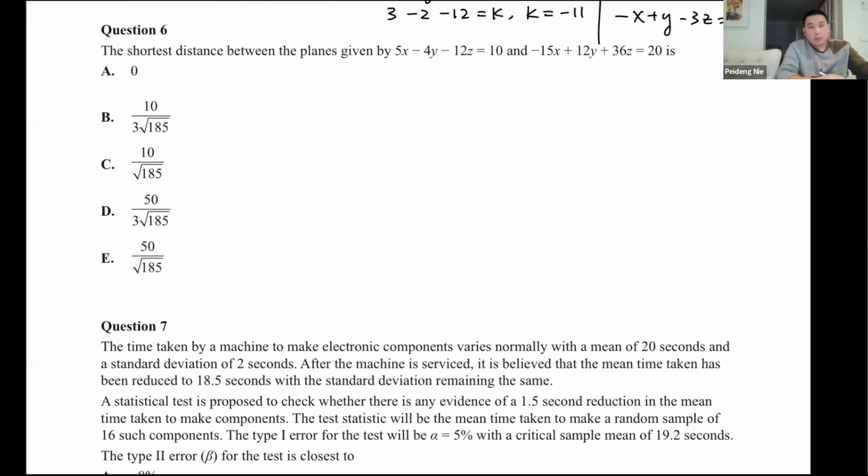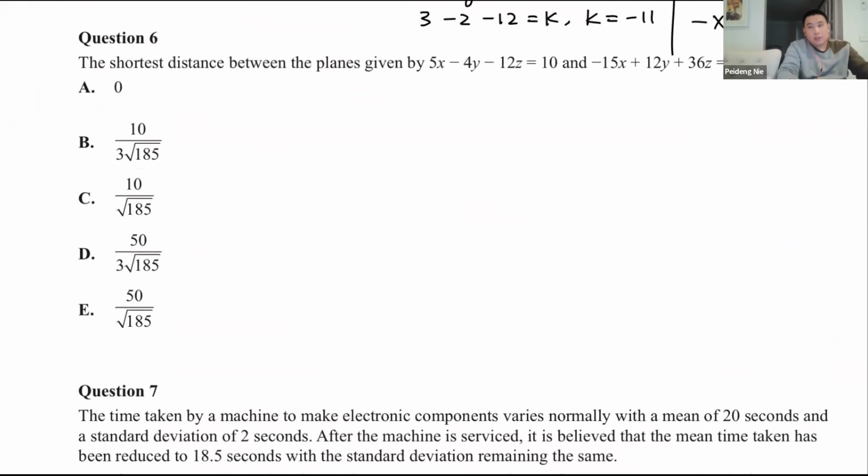All right. Now, this question is a very interesting one. So we want to find the shortest distance between the planes given by 5x minus 4y minus 12z equals 10 and minus 15x plus 12y plus 36z equals 20. Okay, so for consistency, the best approach is to convert both equations into a similar form.